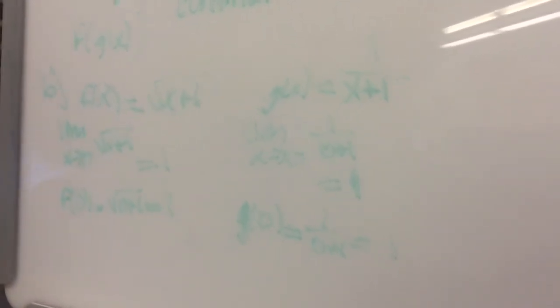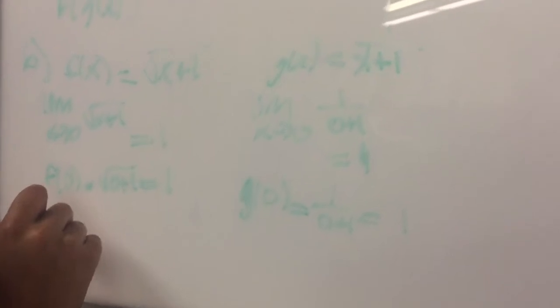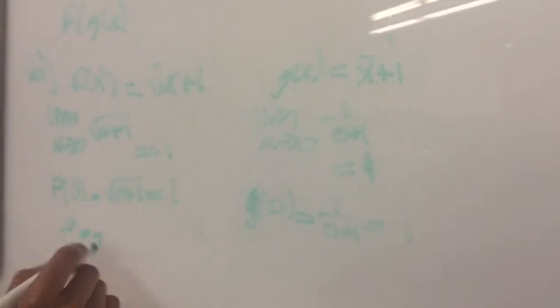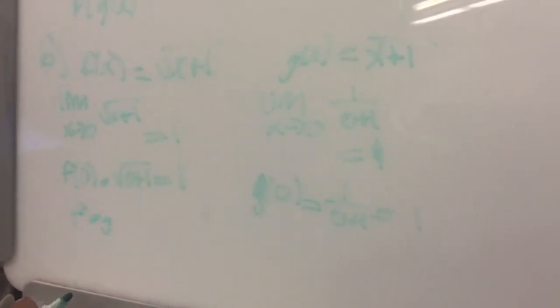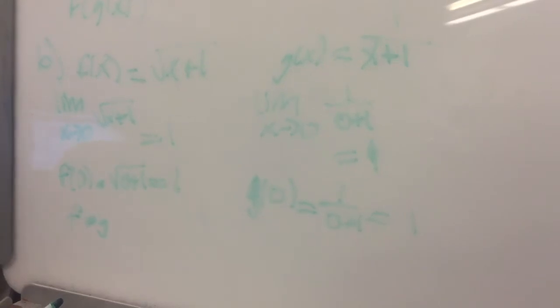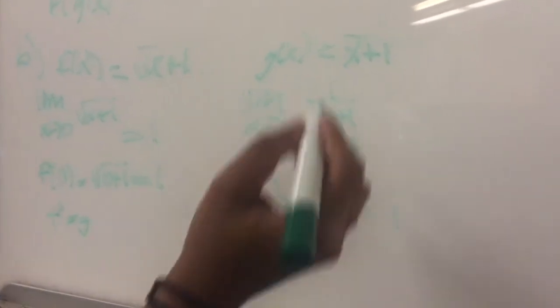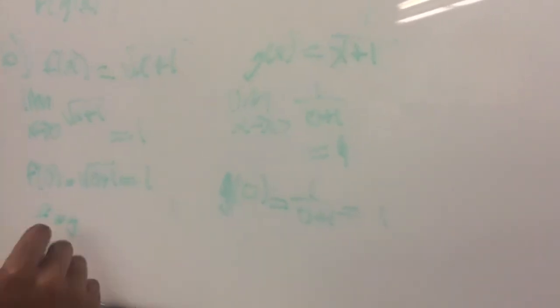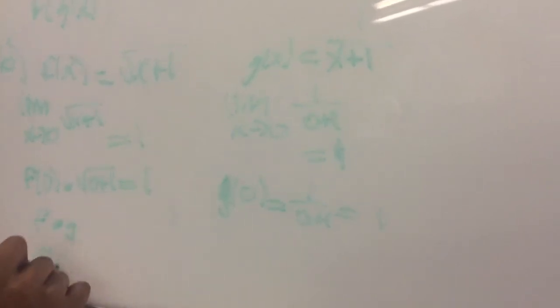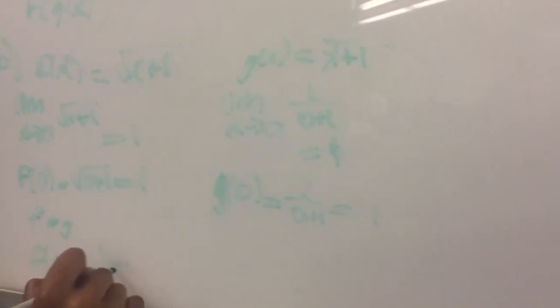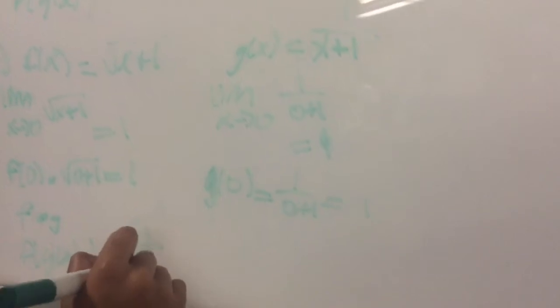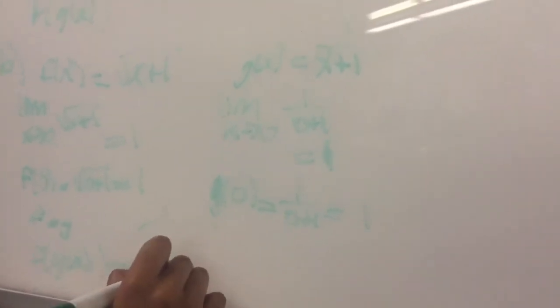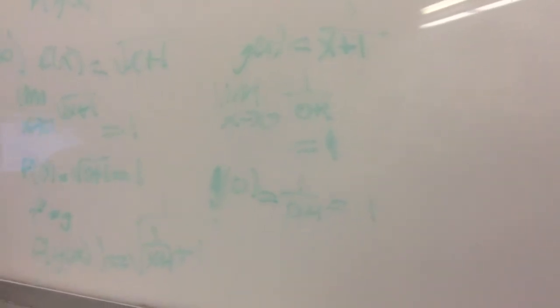So now we're going to have to check if f of g of x is continuous at x equals 0. So we're going to substitute g of x for x. Then f of g of x would equal the square root of 1 over x plus 1, plus 1. And so we're going to check the limit of that and check if it equals f of g of 0.